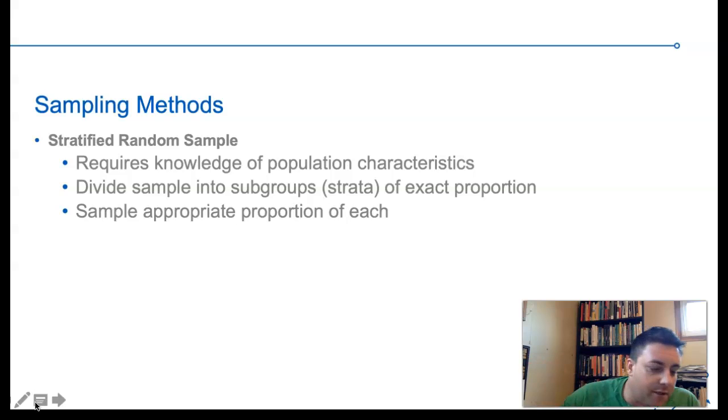So again, if we were to do this in New York State, if we were to do stratified random sampling, we could make a list of all of the counties, and we would recruit more people from the counties that are more highly populated, and we would sample fewer people from counties that are less highly populated. And that would ensure a pretty representative sample. It would be tough to do because, again, you have to know something about the population.